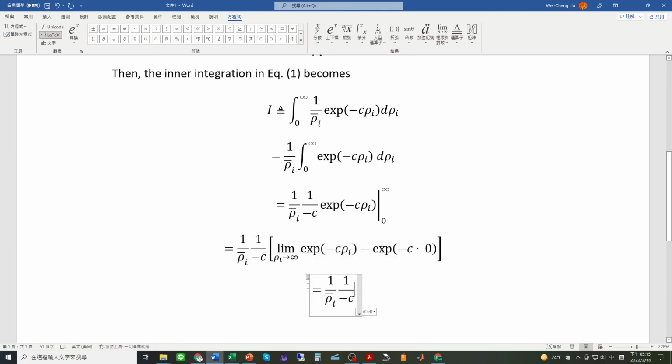So it is equal to 1 over rho bar I times 1 over minus C and times 0 minus 1, like this.